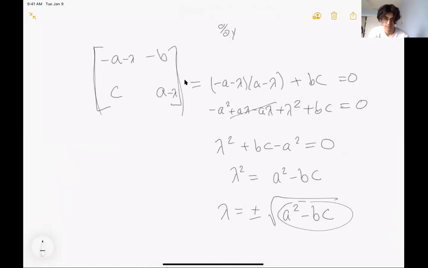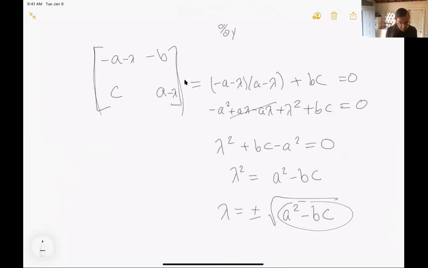Saddle? Yeah, it's a saddle. Then I get a positive root and a negative root. And if it's less than 0, then I have plus or minus the square root of a negative number, which is a complex number with no real part. Center. So that's a center, good.